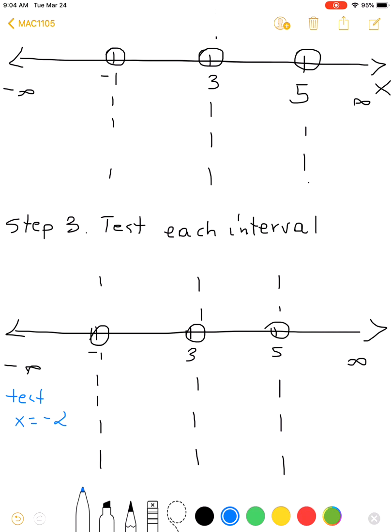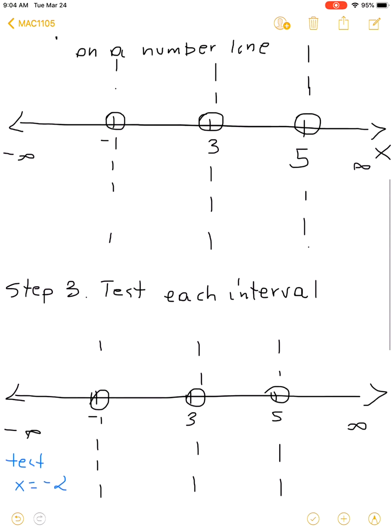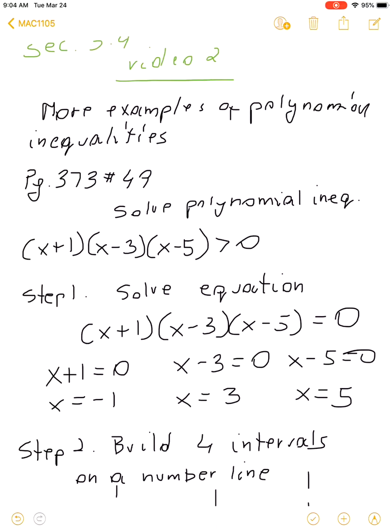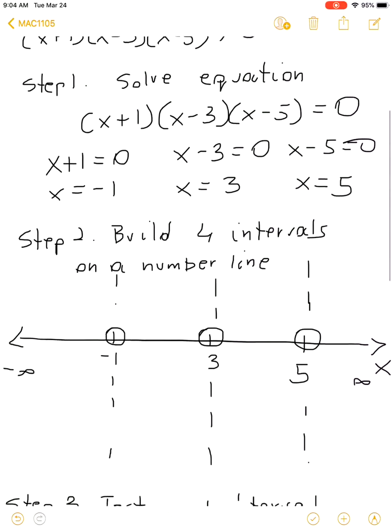And what you're going to do with that, you're going to plug it into the original inequality. So going back to the inequality, again, x plus 1 times x minus 3 times x minus 5 should be greater than 0.